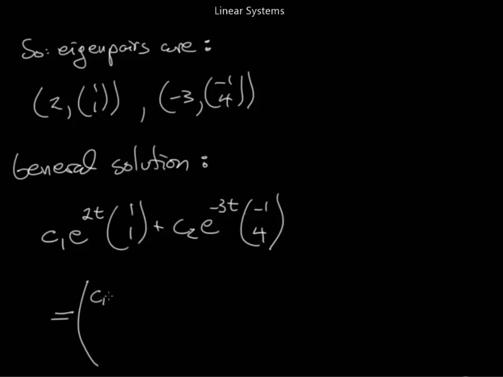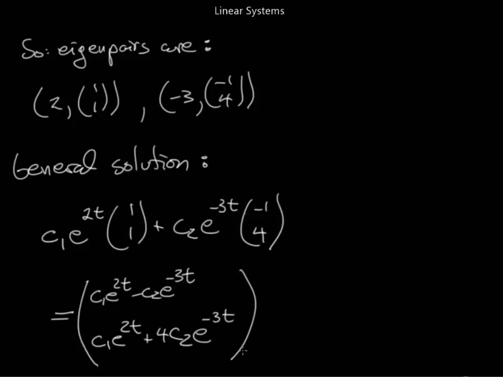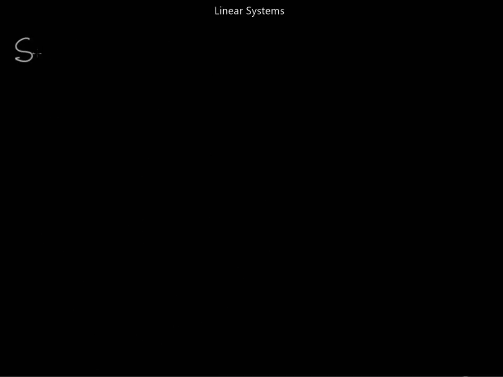If you want, you can write that out as a single vector: C1 e to the 2t minus C2 e to the minus 3t, C1 e to the 2t plus 4 C2 e to the minus 3t. So that's from start to finish how you solve a 2x2 system when it has 2 distinct eigenvalues.